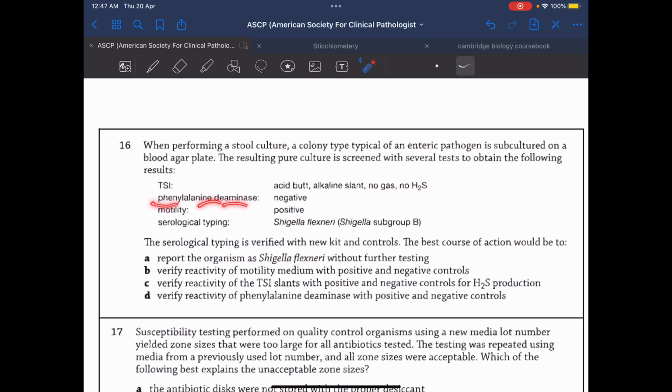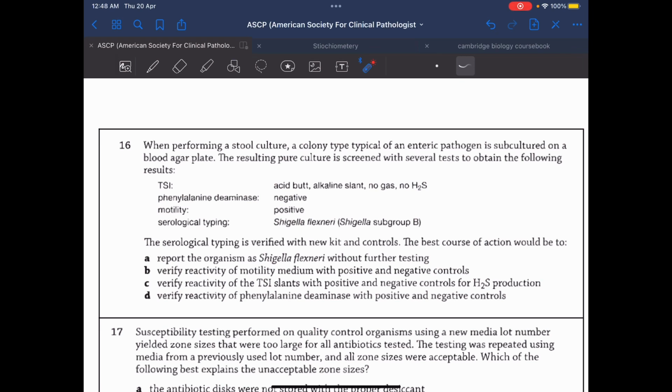Phenylalanine deaminase negative, motility positive, serological typing Shigella subgroup B. The serological typing is verified with a new kit and control. The best course of action would be to report the organism as Shigella flexneri without further testing.